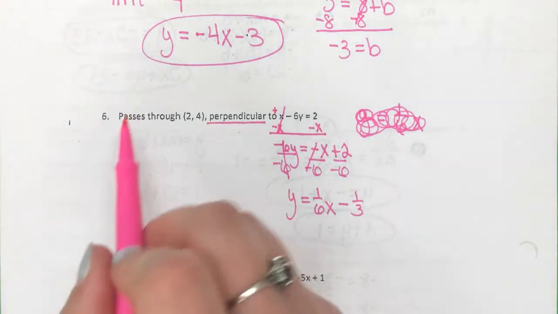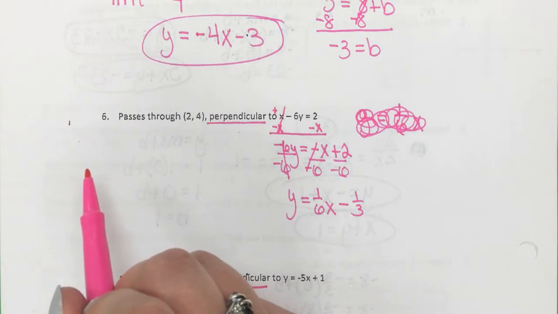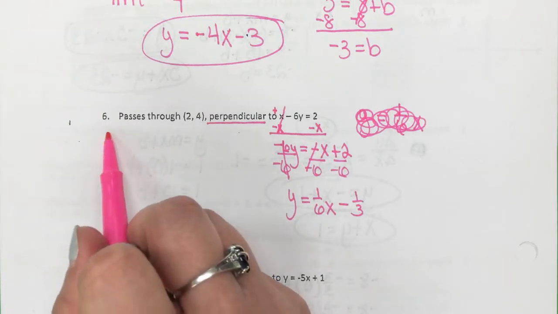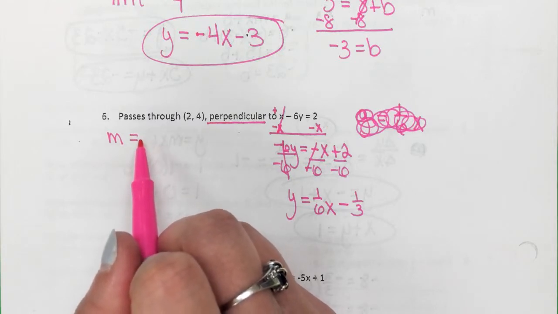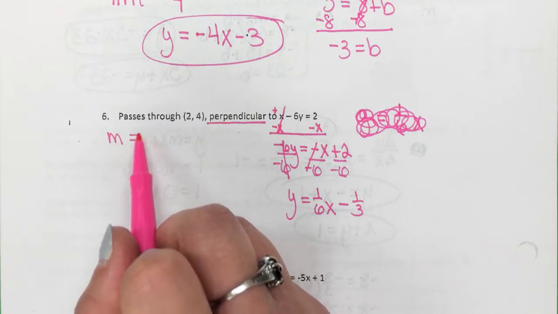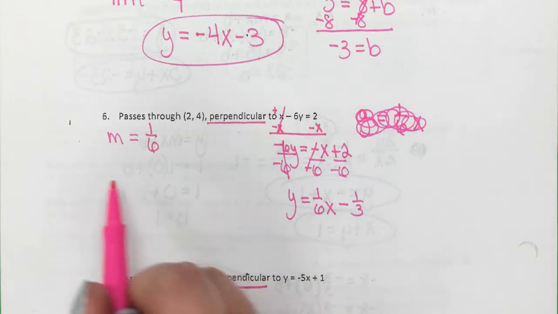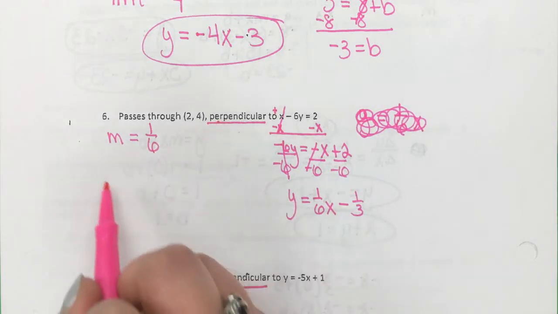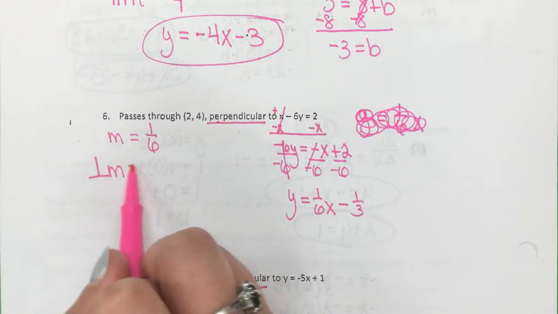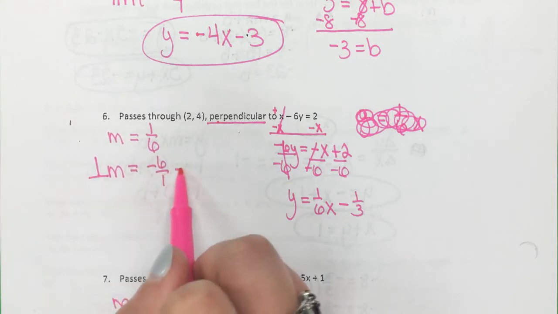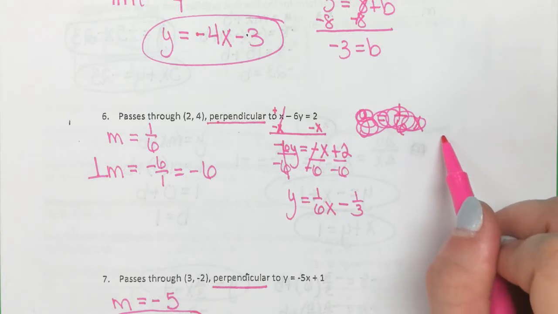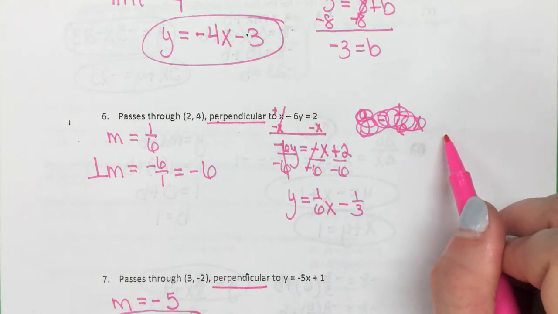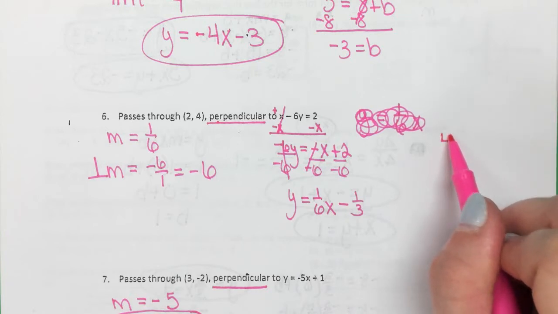I don't care about him though. I want the one that's perpendicular to it, not the same one. All right. What's my slope? Over 6. It wants perpendicular. So what's the perpendicular? Negative 6 over 1, which is negative 6. What's the y that they want you to plug in? 4.